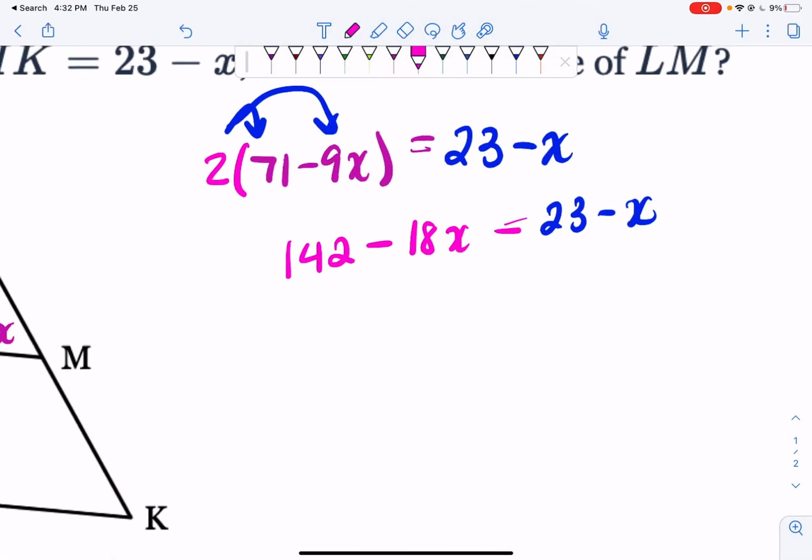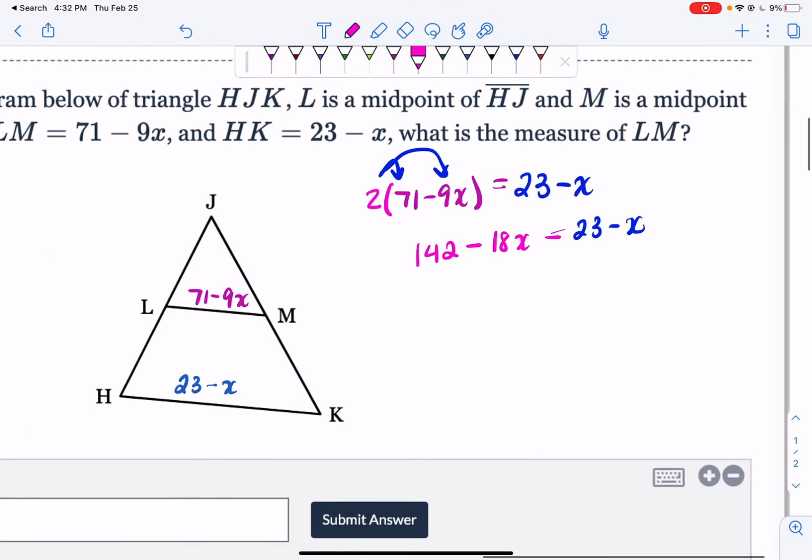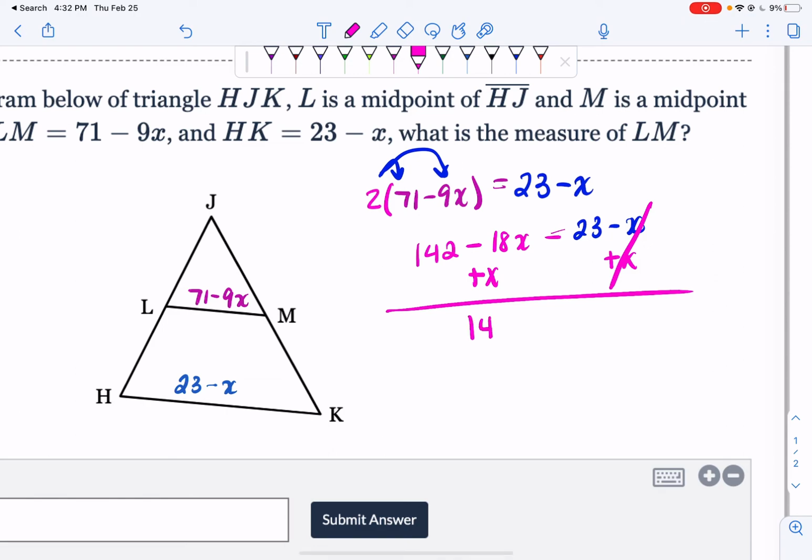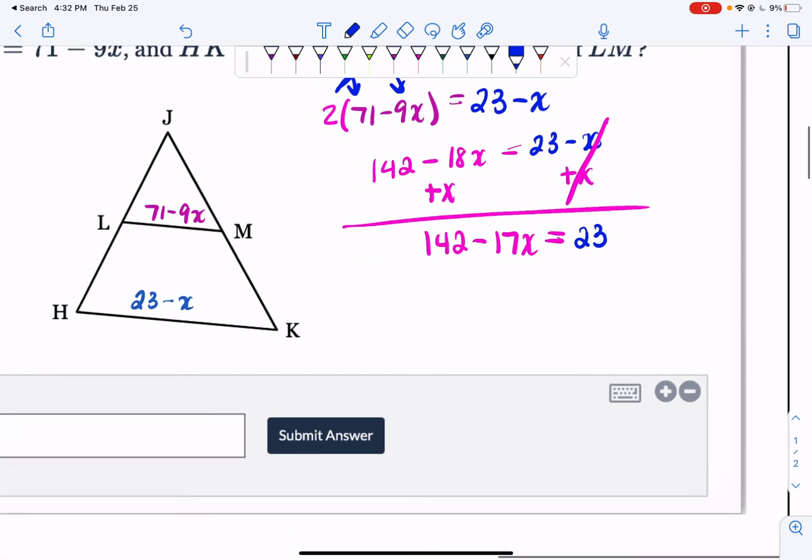Now, I want to get all my x's on one side, so I'm going to add x to both sides of my equation. Negative 18 plus 1 is negative 17, so I have 142 minus 17x equals 23. Now I want to get x by itself, so I'm going to subtract 142 from both sides of my equation.